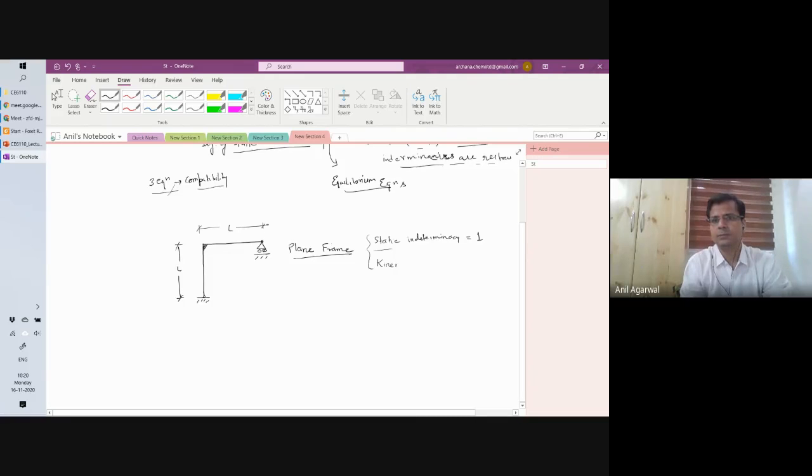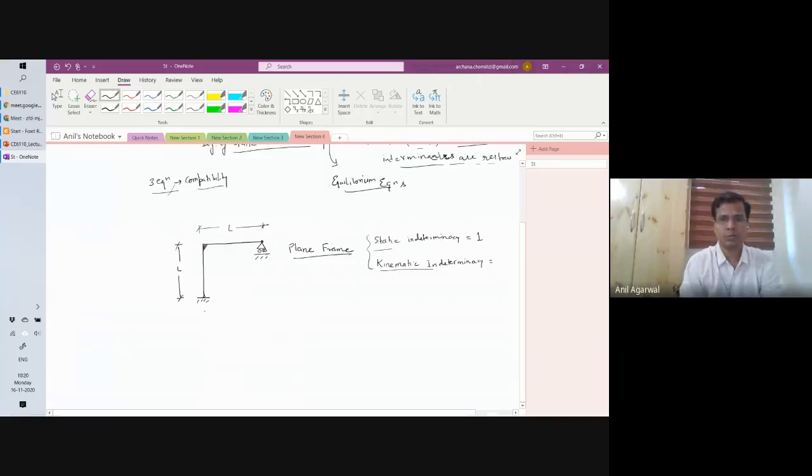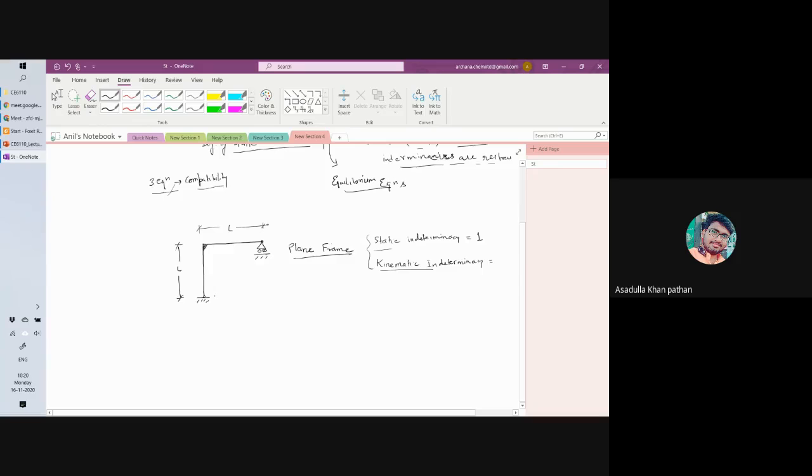Kinematic indeterminacy. How many? 5. At the bottom support, how many? 0, sir.